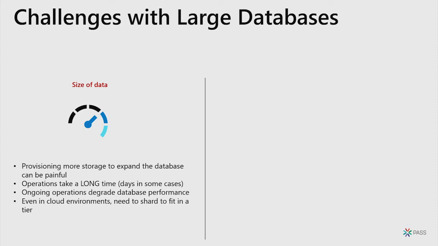Then other operations like restore can take a while. If you restore a database, it's the size of data operation in most places. On-prem, you may have SAN snapshots and things of that nature for the VLDB databases that facilitate things, but it can be a problem otherwise.